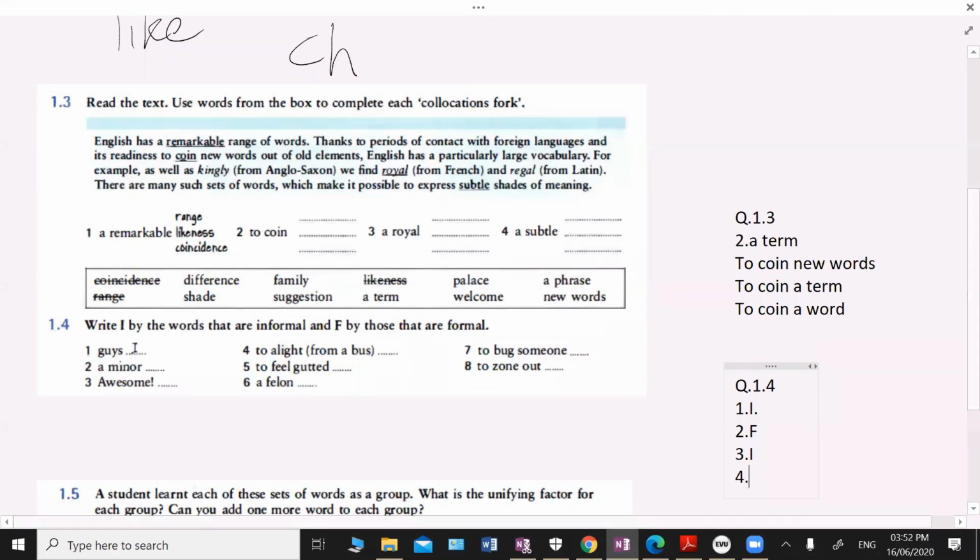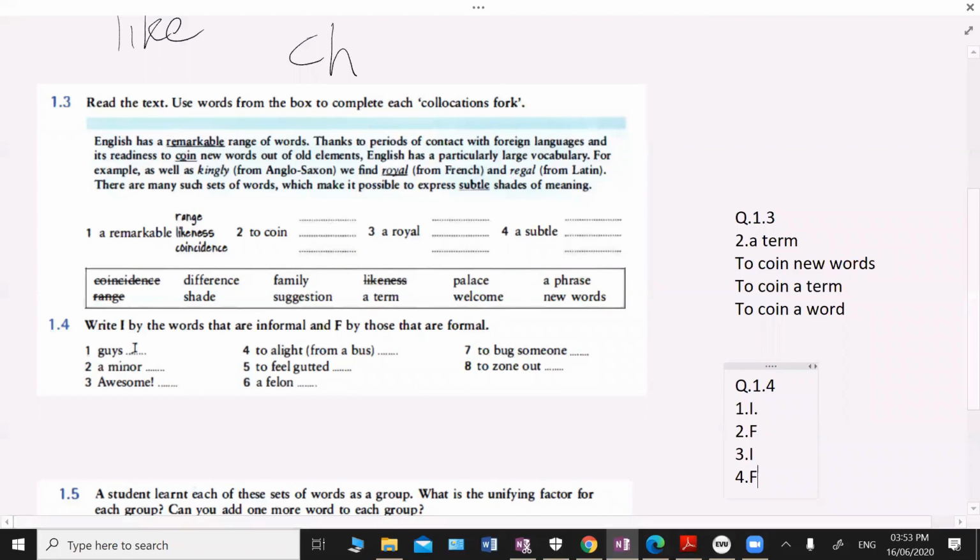Number 4 is to alight. Alight means to get off. That is called alight. To alight from a bus means to leave a bus or get out of the bus. It's formal. Number 4 is formal. Okay.